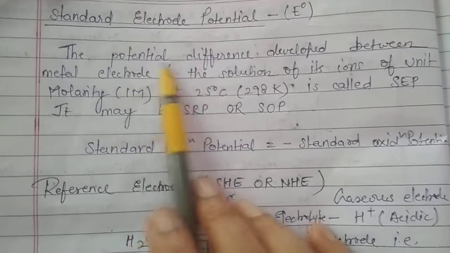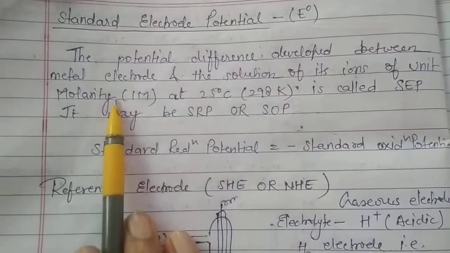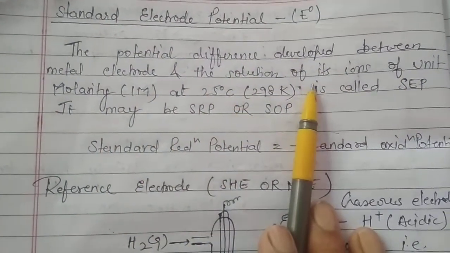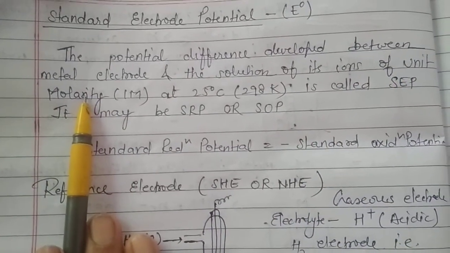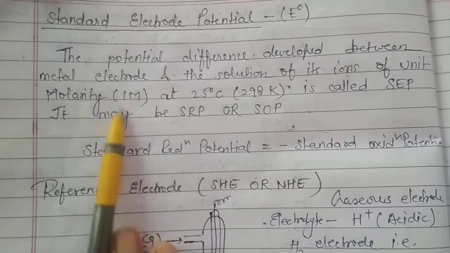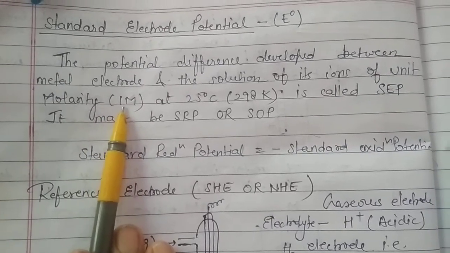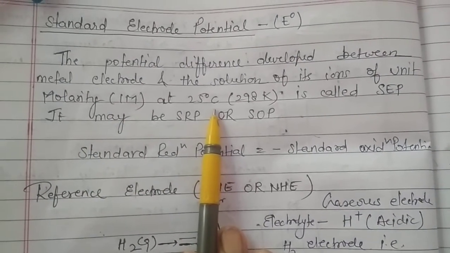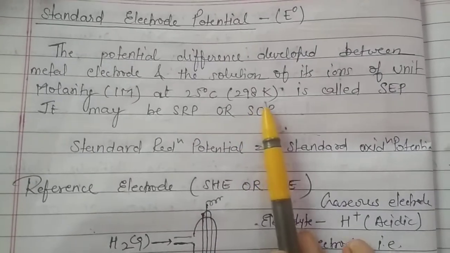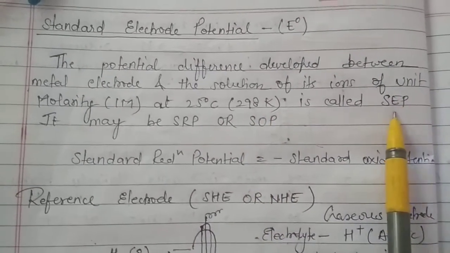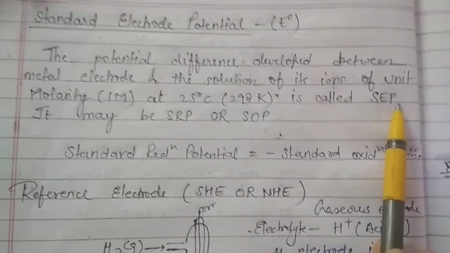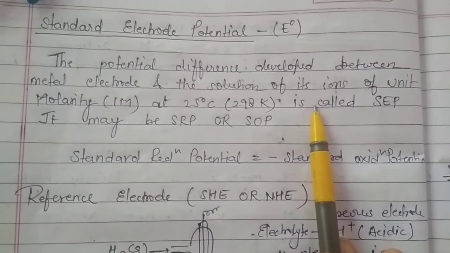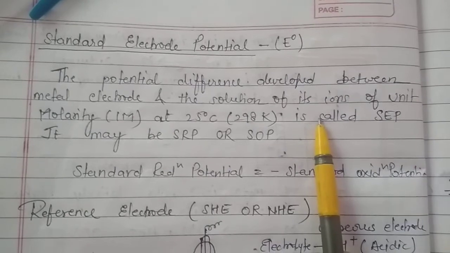By convention, it is the potential difference developed between the metal electrode and its solution of unit molarity, means a 1 molar solution of electrolyte at 25 degrees Celsius, or 298 Kelvin. When we measure the potential difference at these particular conditions, it is known as standard electrode potential.